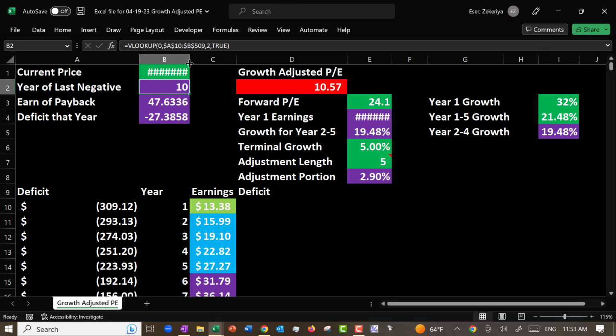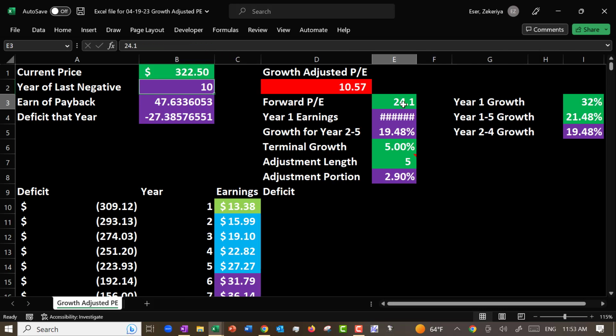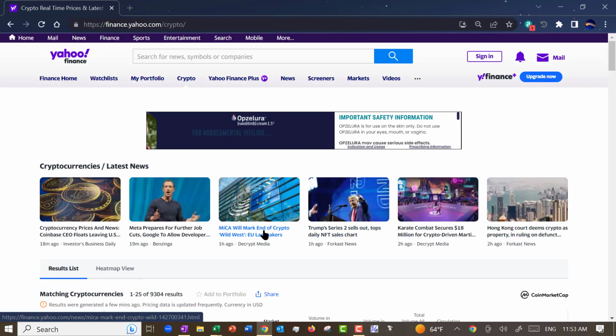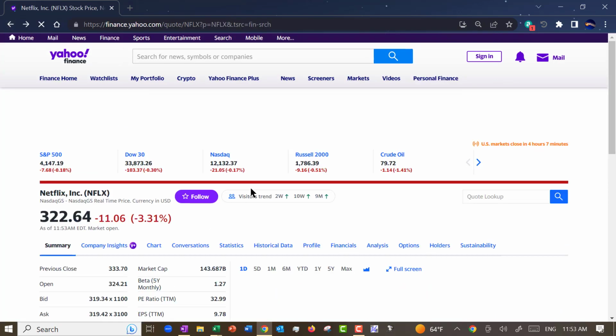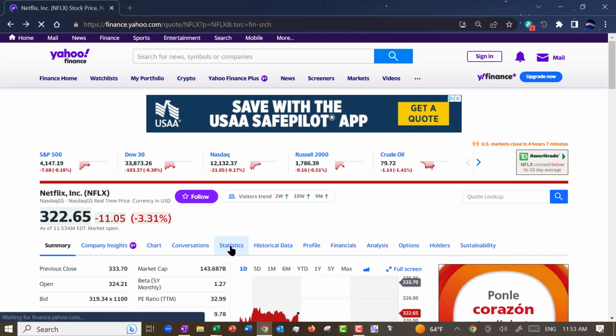Forward PE. What happened to this one? Forward PE is 29.33.